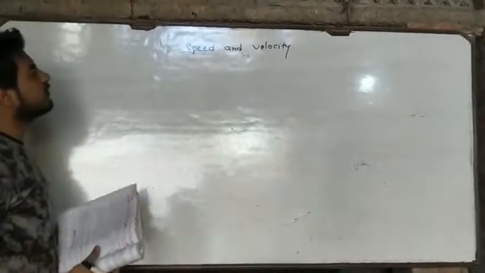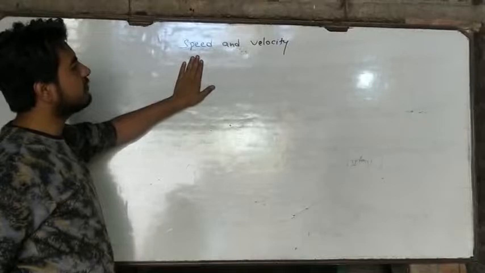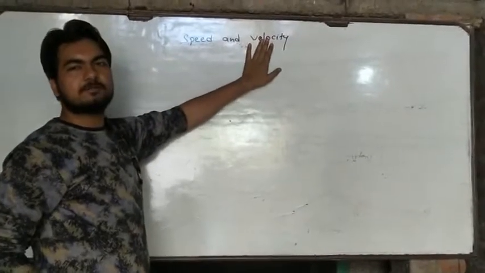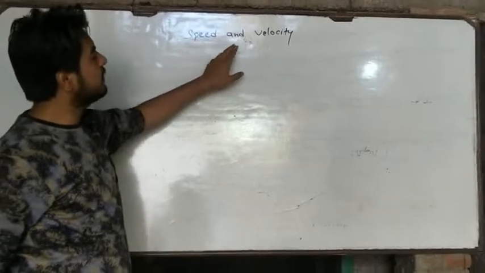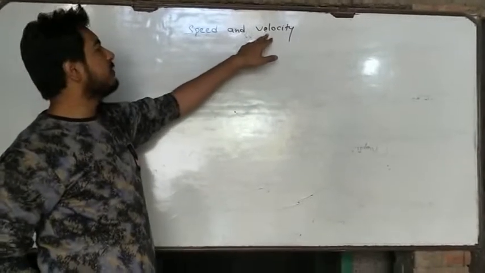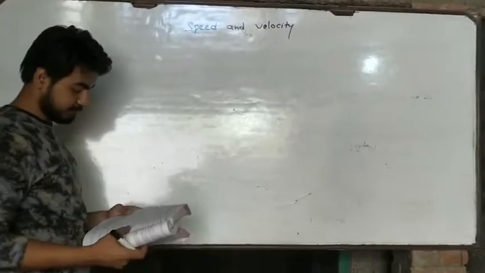Here we talk about speed and velocity. Speed is a scalar quantity, velocity is a vector quantity. Means speed just has magnitude and velocity has magnitude as well as direction. So what is speed?